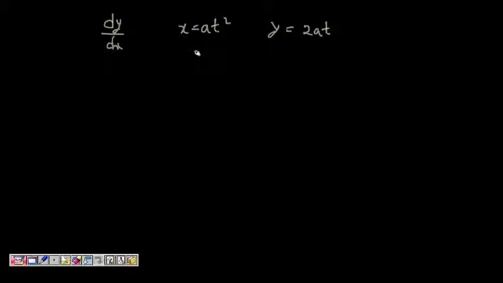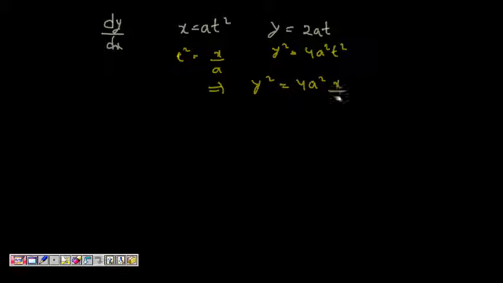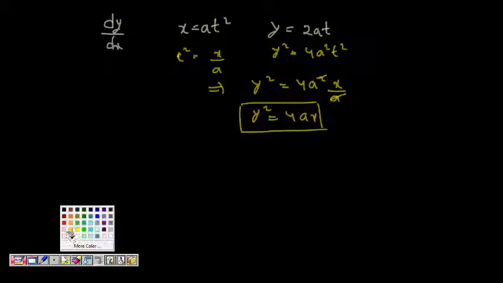So y square is 4a square t square, and t square I know is x by a. So y square is 4a square times x by a. A gets cancelled, so y square is equal to 4ax. This is the formula for a parabola. Now you have to find dy by dx.